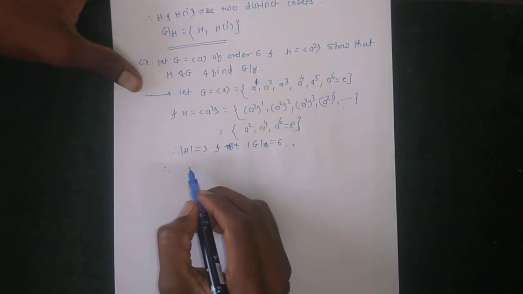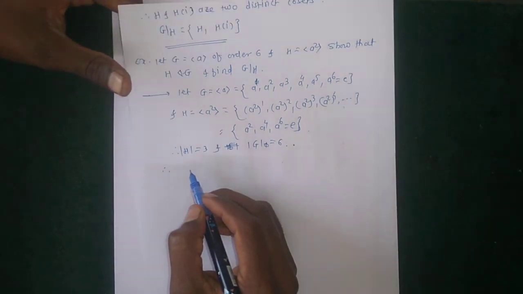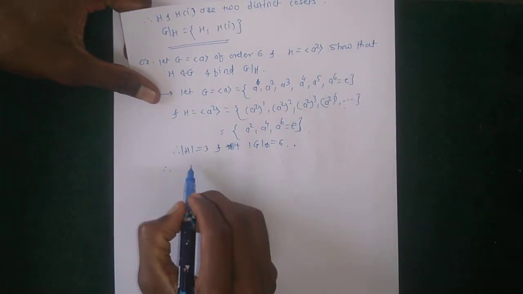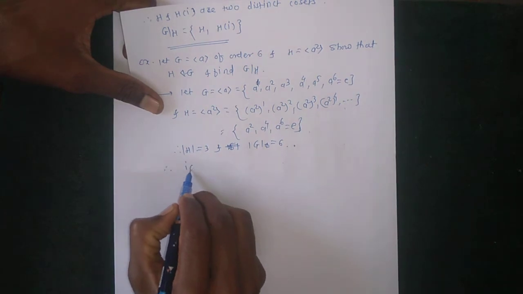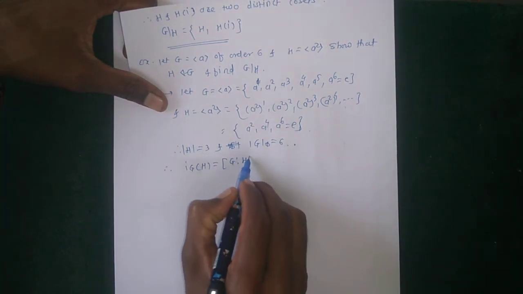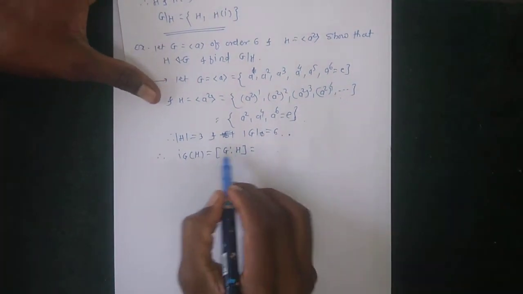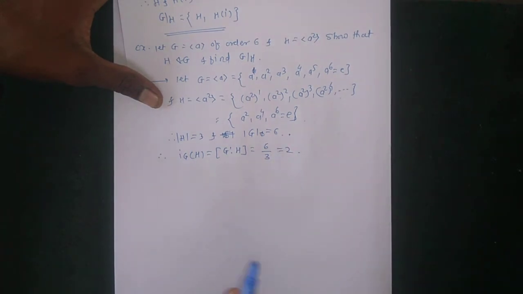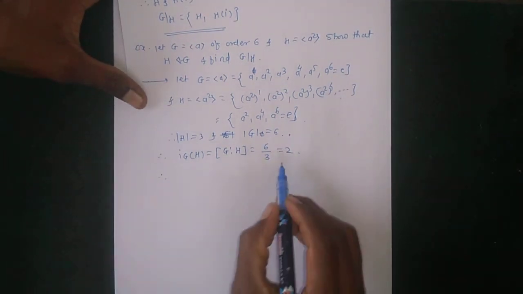Okay, therefore here also given that G is generated by A, G is cyclic group. Therefore index of H in G, or G over H, equal to, okay, these both symbols are index, 6 divided by 3 equal to 2. Therefore index is 2.